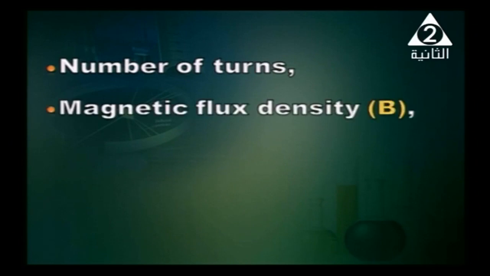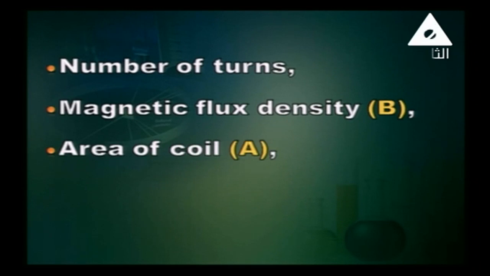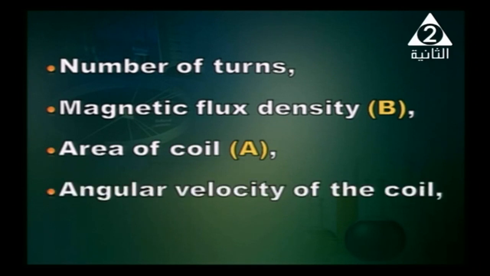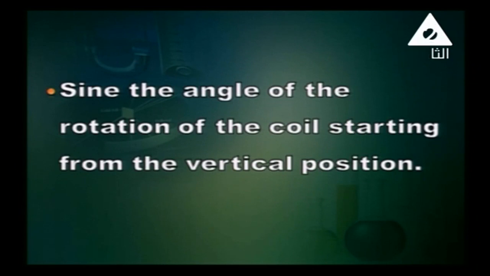The second factor is the magnetic flux density, denoted by B, the area of the coil, and the angular velocity with which the coil is rotated, omega, and sine the angle of rotation of the coil starting from the vertical position. Or we can say cosine the angle of rotation starting from the horizontal position.